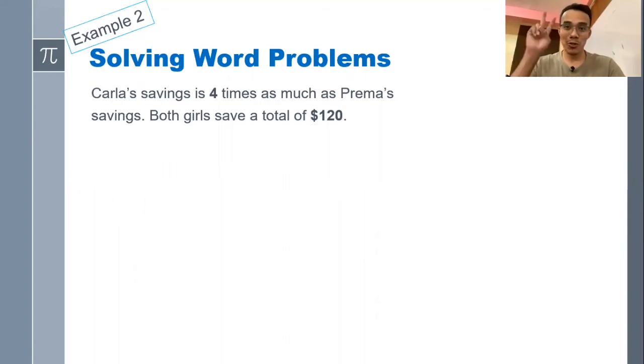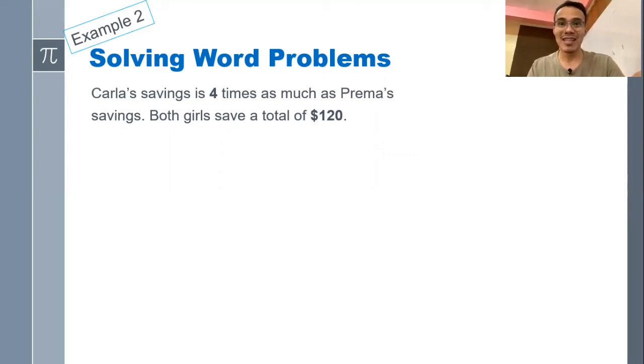There are 2 people involved in the problem, and these people are Carla and Prema. And the problem talks about the savings of these 2 people. In fact, the problem is comparing the savings of these 2 people. It says that Carla's savings is 4 times as much as Prema's savings.